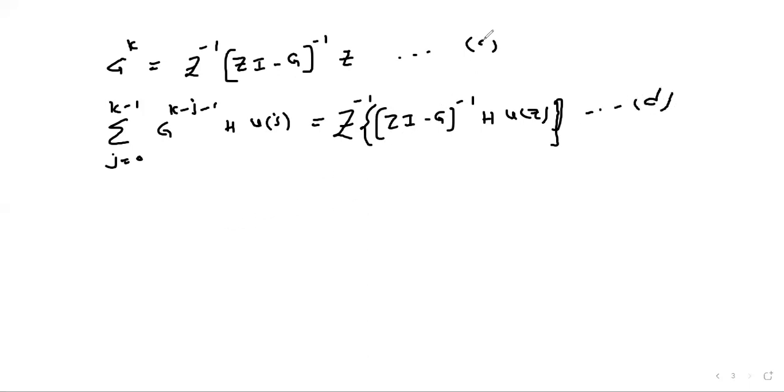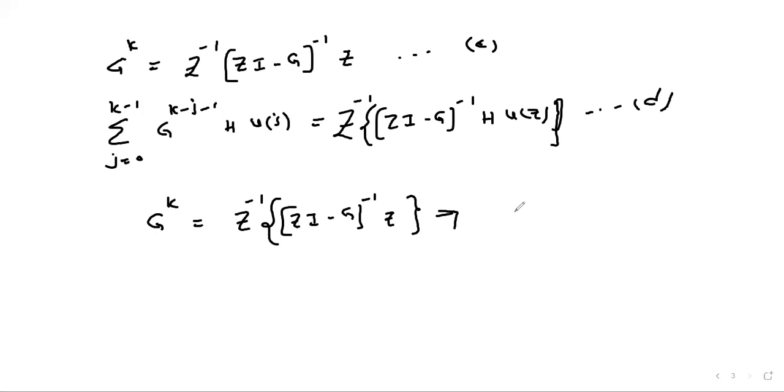Equation C yields G power k, which is the inverse z transform of zI minus G inverse multiplied by z. And this is called the state transition matrix, which is similar to the state transition matrix as covered under the state space representation of continuous time systems.